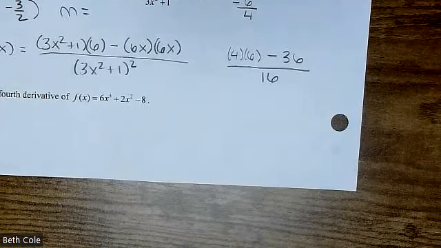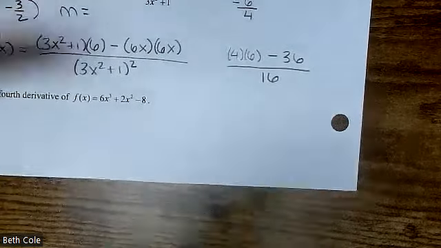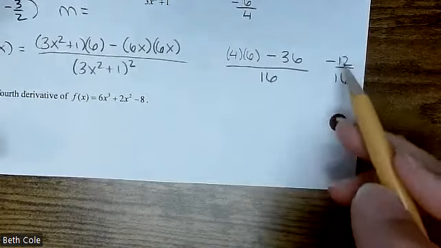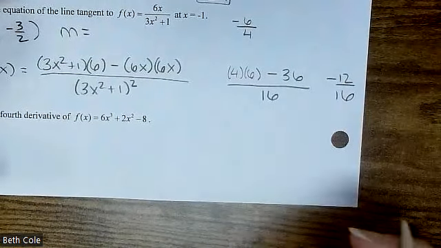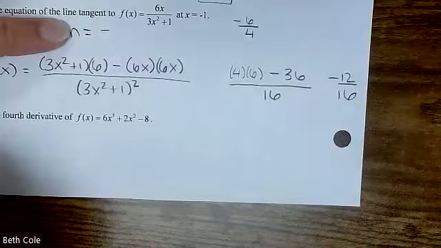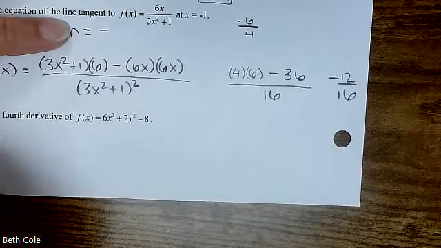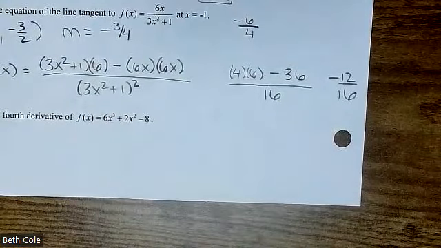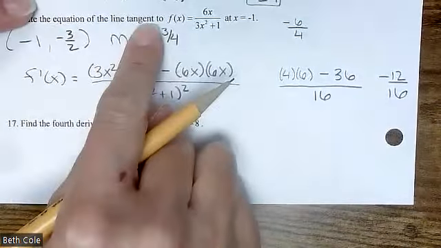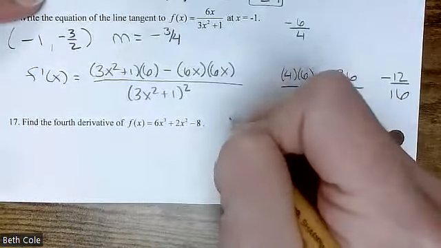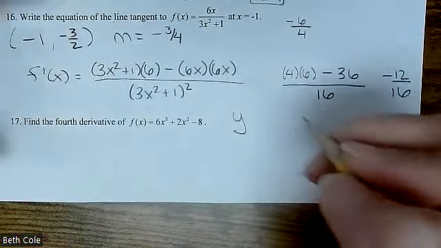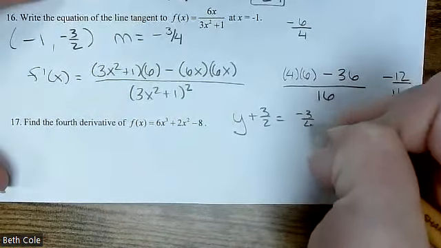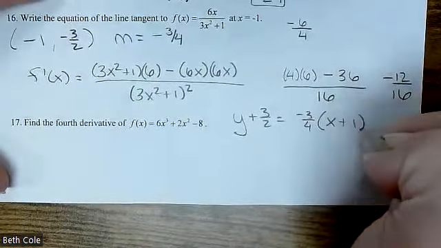No, negative 12, right? Negative 12 over 16. And then what's that going to reduce to? Negative 3/4. Cool. Okay, we got there. This is your point, this is your slope, just put it all together to write the equation. It'll be y plus 3/2, good, equals negative 3/4 parentheses x plus 1.